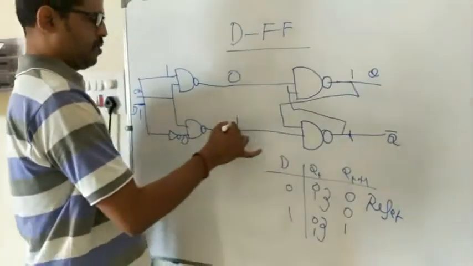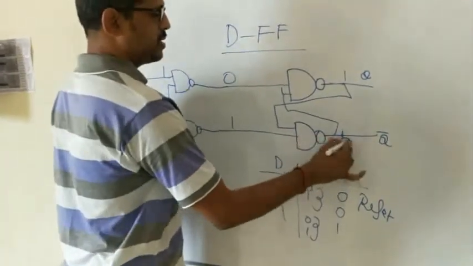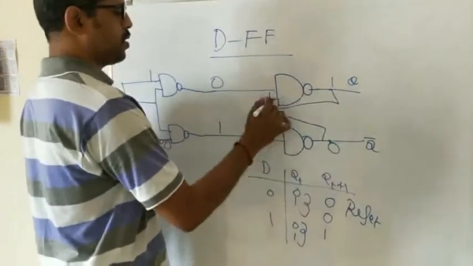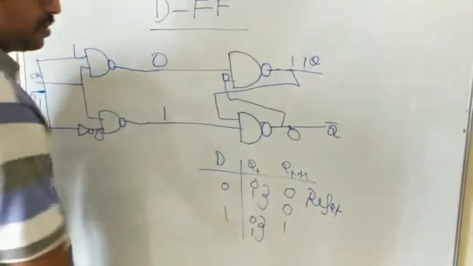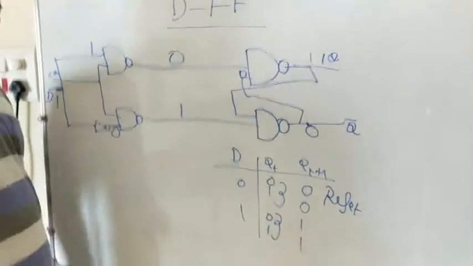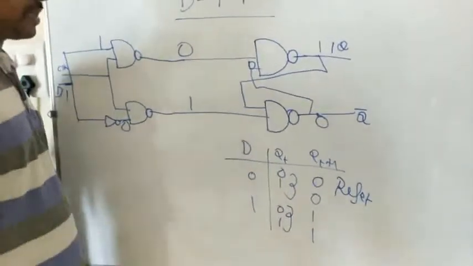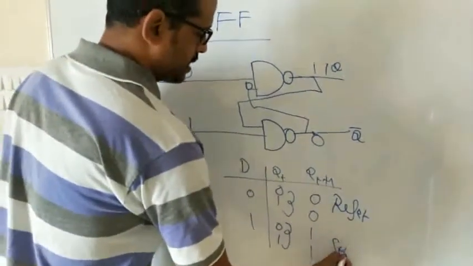Here also 1. 1 and 1 means it is going to be 0 here. If 0 comes here, it is going to be 1. So the next state is always 1, irrespective of whether the present state is 0 or 1, which means it is the set state.